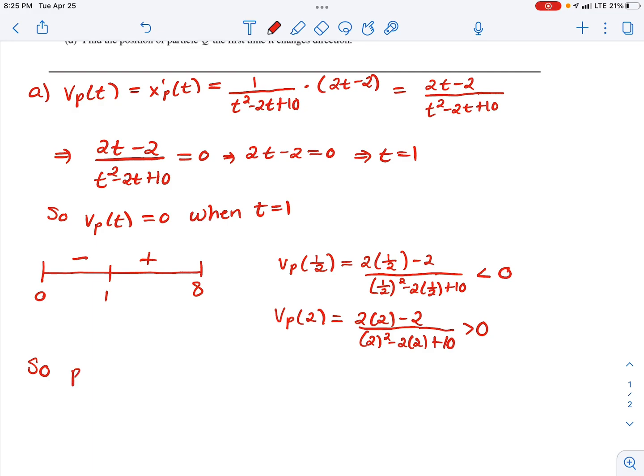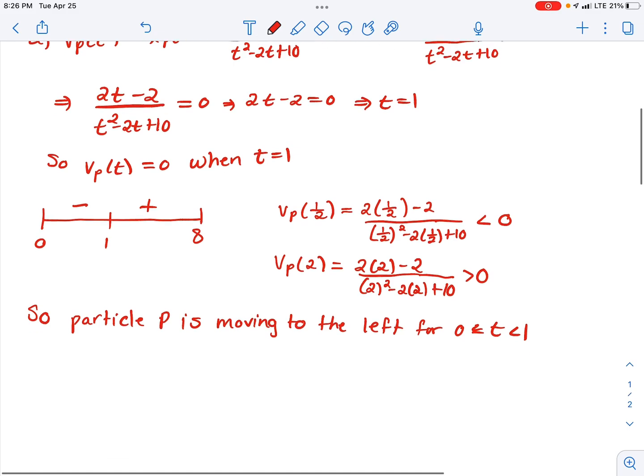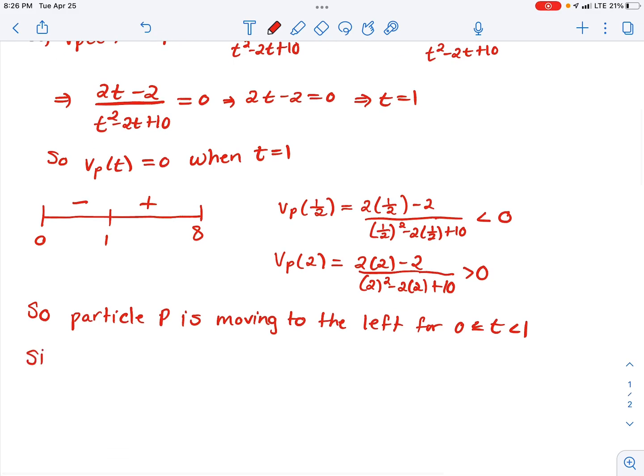So particle P moves left for 0 less than or equal to t less than 1, since the velocity is negative.